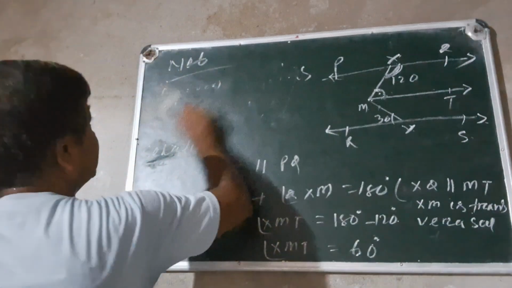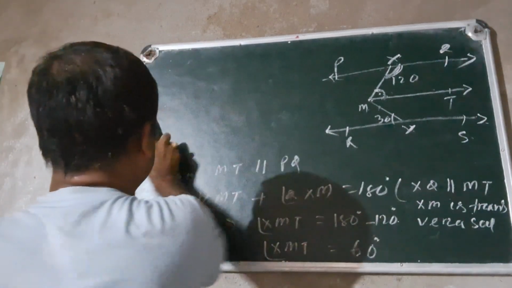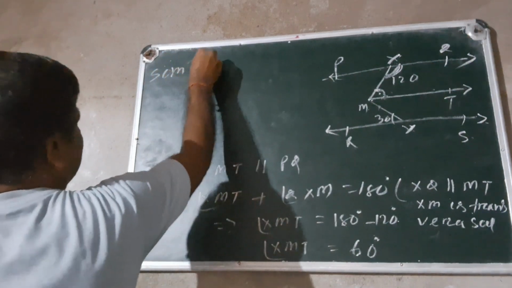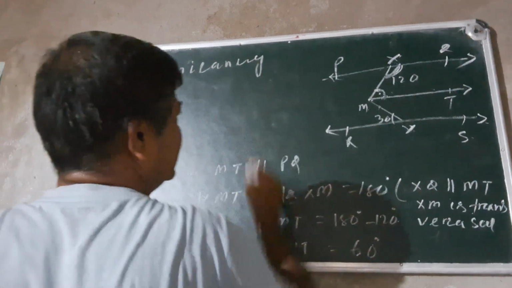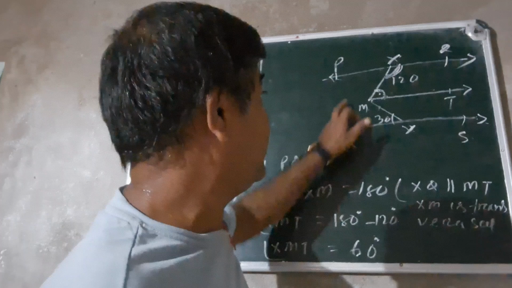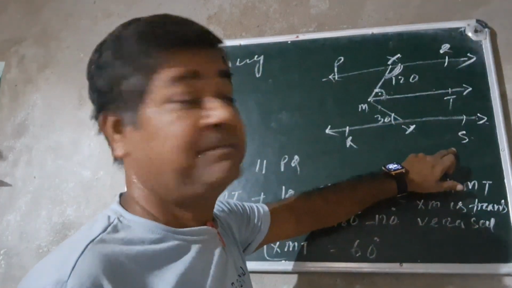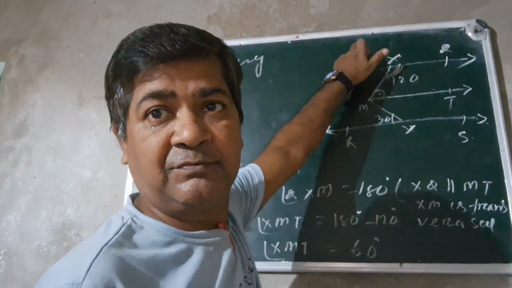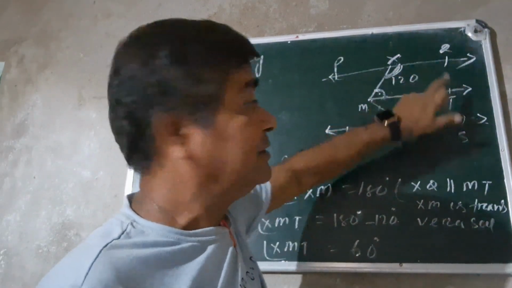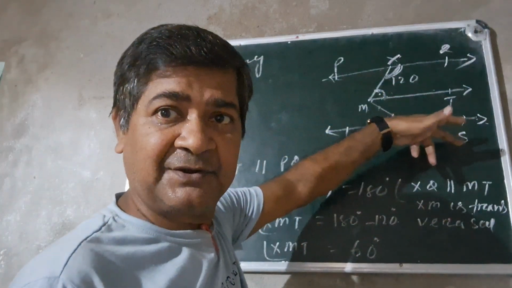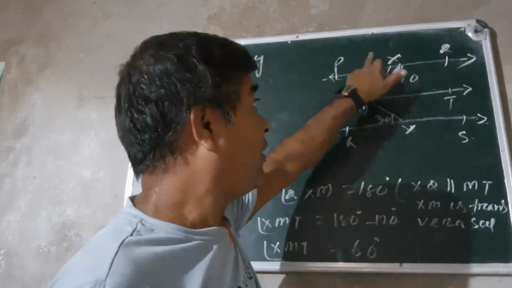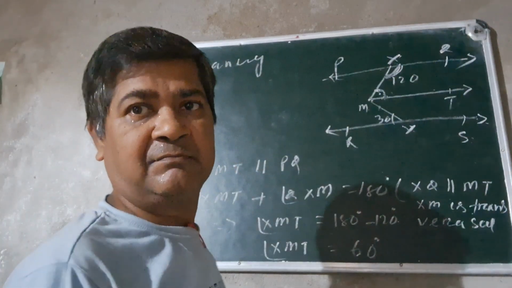Similarly, MT is parallel to RS. Why is MT parallel to RS? Because RS is parallel to PQ. If a line is parallel to two other parallel lines, then all of these are parallel to each other.